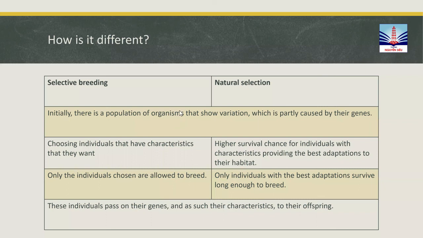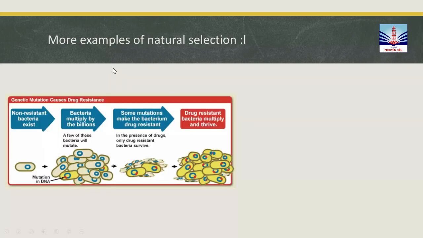Okay, here are some more examples. So as I was saying, let's say that you're testing drugs that kill off bacteria against bacteria. Firstly, they're non-resistant bacteria, and then they start to multiply a lot. As you've known, a few of these bacteria will start to mutate, meaning that their genes are slightly different in their DNA.